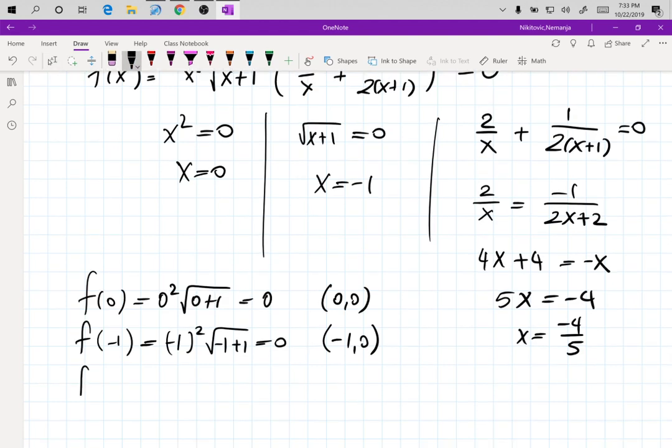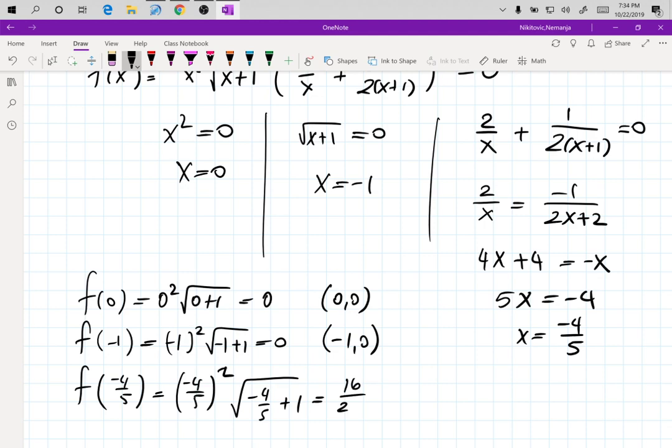And finally, f of negative 4/5, which is negative 4/5 squared times the square root of negative 4/5 plus 1. Now, negative 4/5 squared, that's 16 over 25, times the square root of 1/5, which is 16 over 25 root 5.